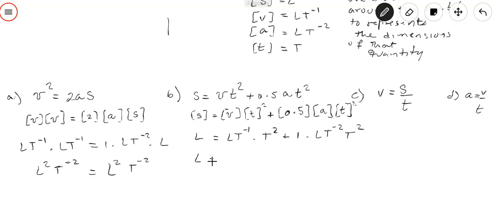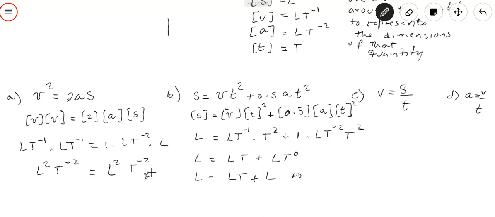So I have L T to the -1 times T to the second, adding the exponents we get just T to the 1, so this is just T. So we get L T, plus here we have 1 times L, that is going to be L. T to the negative 2 times T to the second will be T to the 0. So this will be L equals L T plus T to the 0 is 1, plus L. So this is not dimensionally consistent.